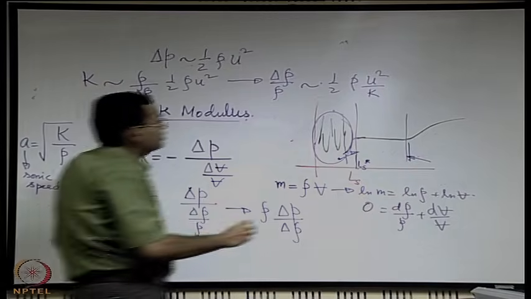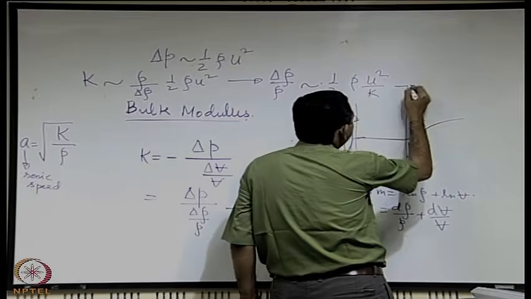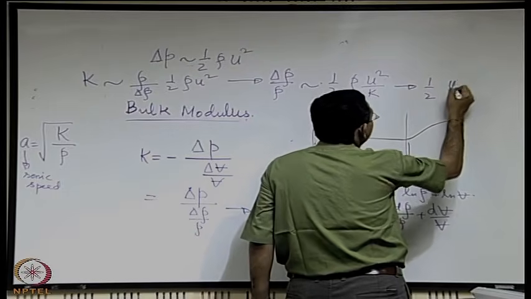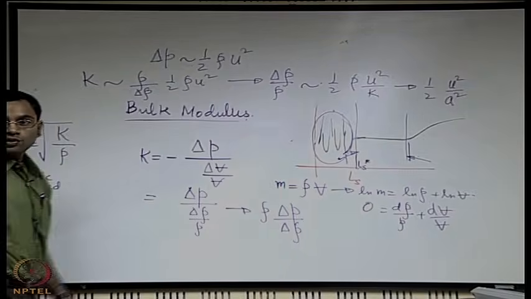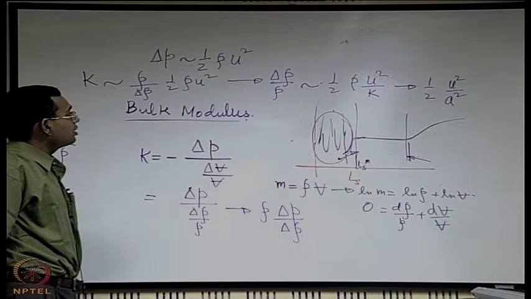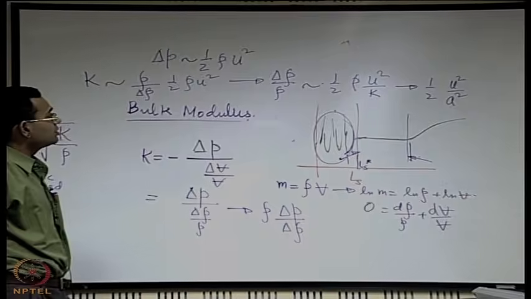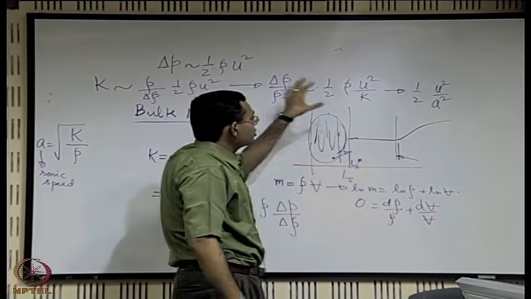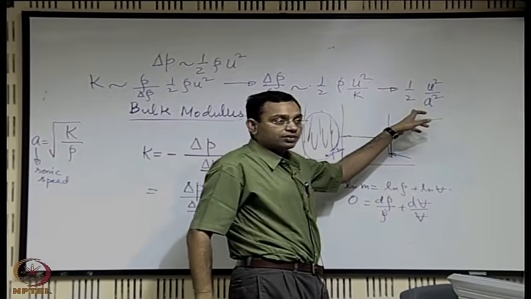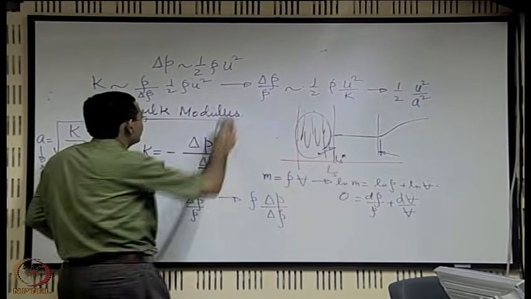So keeping this in view, we can write this as half u square by a square. So you can see that the relative change in density is related to a quantity u square by a square. What is this u square by a square?